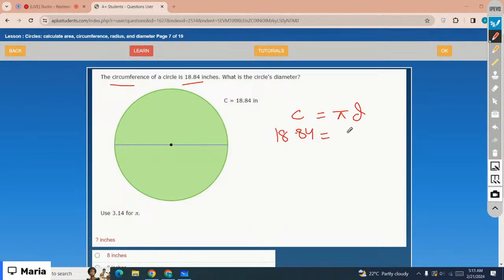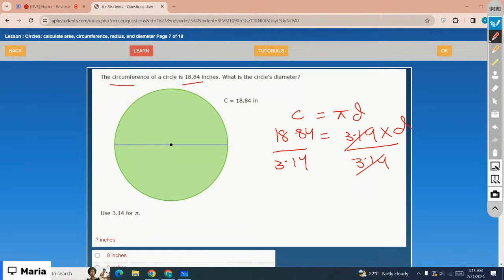We know that pi has a fixed value, that is 3.14, and d we need to calculate. So divide both sides by 3.14 because you need to calculate the value of d. So they cancel out, and 18.84 divided by 3.14 is, let me just check and divide, yes, that is 6.